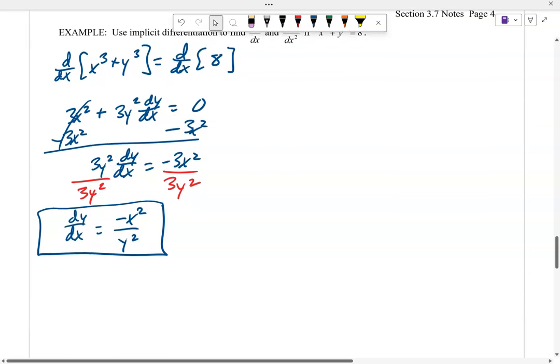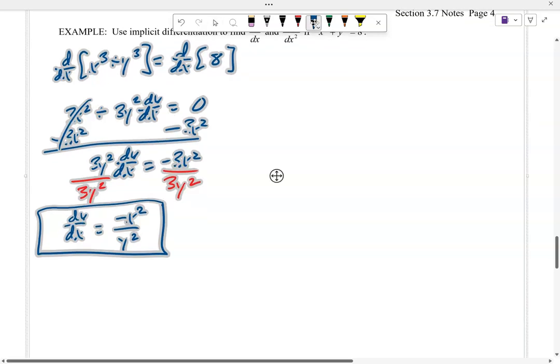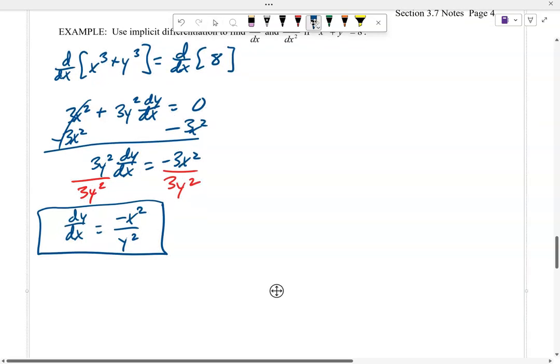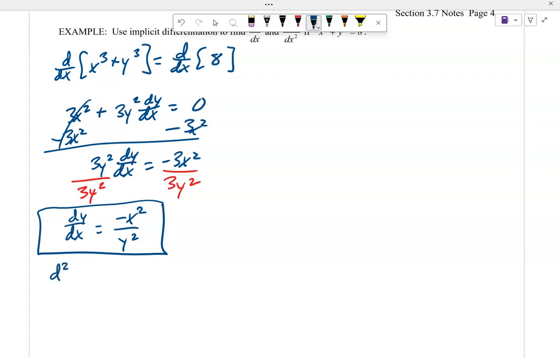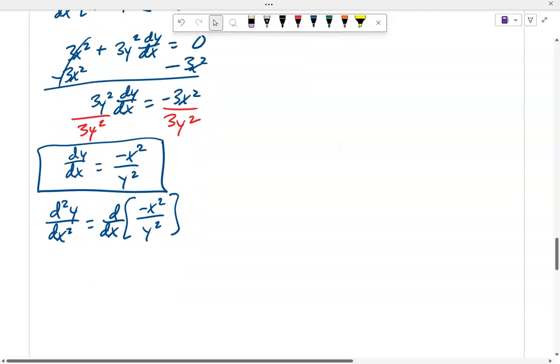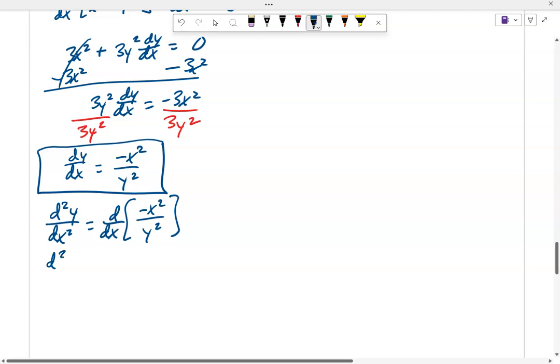So let's go ahead and take the second derivative now that we have the first derivative. So the second derivative will be the derivative of the derivative. So the second derivative would be, so I'm going to have to run the quotient rule here.